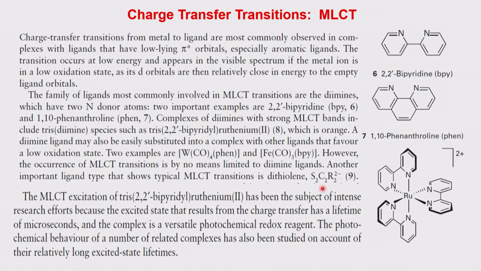For example, if we take this particular ruthenium complex, it is a very important complex whose research has gone on over a period of 20, 30, 40 years in the literature, because after such charge transfer, the species lives for some microseconds to milliseconds. Therefore, one looks for a lot of reactions. They call them photophysical, photochemical reactions. So all those kinds of things are important.